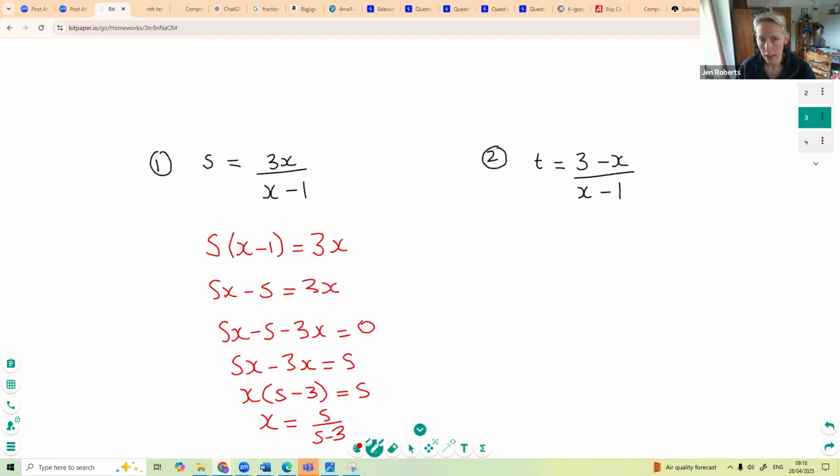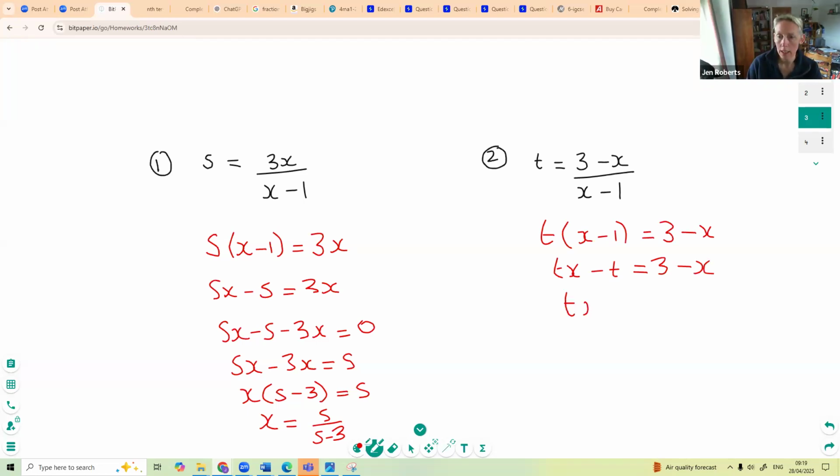And this one here, times both sides by x minus 1. Expand your brackets. Bring everything with an x to one side. I'm going to add x to both sides and add t to both sides.